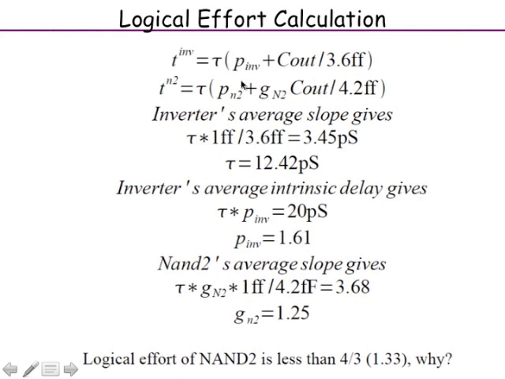So you get all the parameters for the linear delay model of your gate. So this is basically how you will calculate the effective logical effort using either measured data or simulation data.